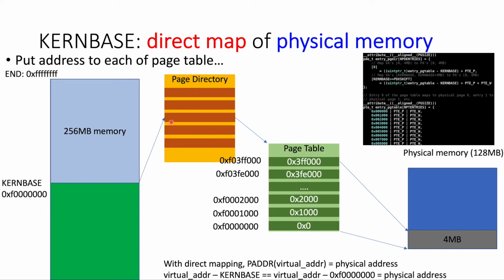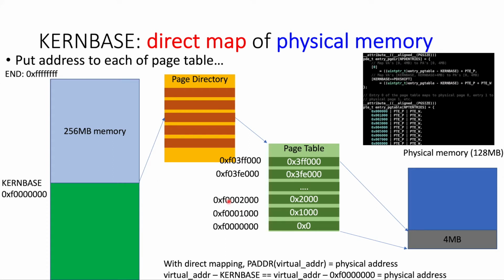We refer to the page directory and fetch the corresponding page table entry, and we map that to address 0. So this point will be mapped to here. And if we address the next page, F0001000, it will read this one, which is the next page. So it will sequentially map from 0 up to 128 megabytes, directly to the physical memory.